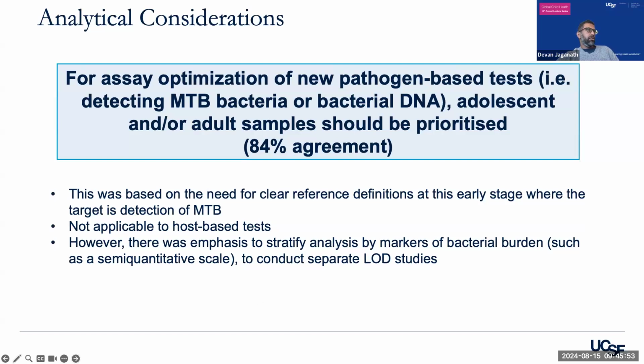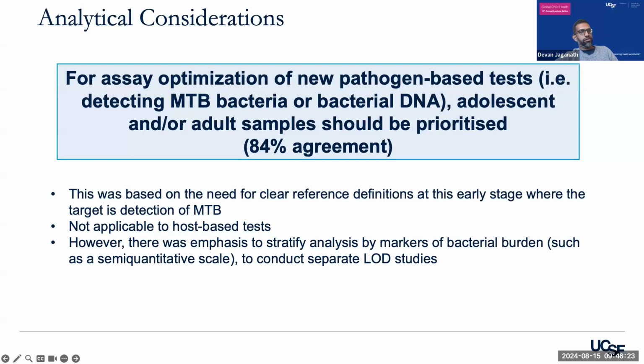One thing that came out from an analytical consideration that again, I think balanced and recognized some of the challenges for pediatric samples, is that when there's assay optimization for a new pathogen-based test, so just trying to detect that TB bacteria or the bacterial DNA, there could be value, and it makes sense to start with adolescents and adults, because at that point it's not really related to their immune system.